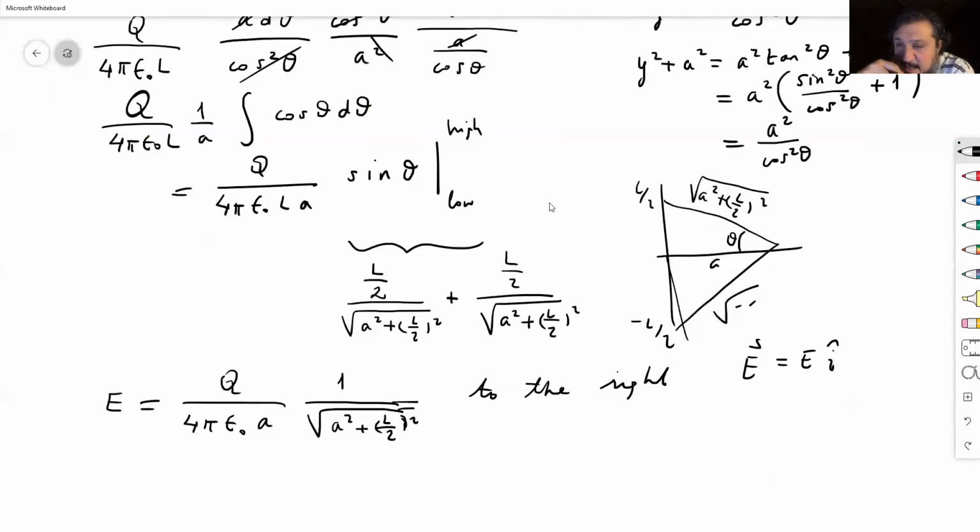All right. Now, let's consider some limits. Like what if you're so close to the rod that this looks almost infinitely long, okay? So that would be the limit.